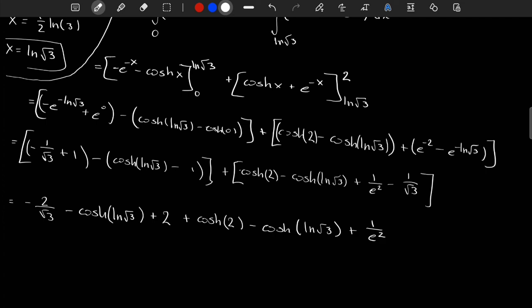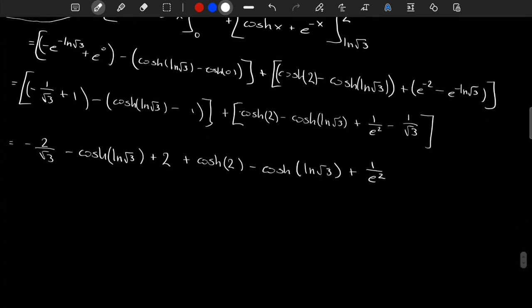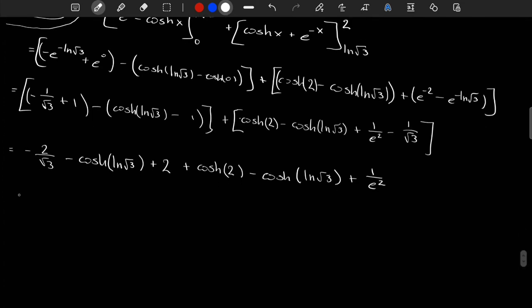Okay, now what else can we do? Well, ladies and gentlemen, it looks like we're about done here, because that is everything that we can do. That is our answer. Oh, what we could do is negative cosh of ln of square root of 3 minus cosh of ln of square root of 3.